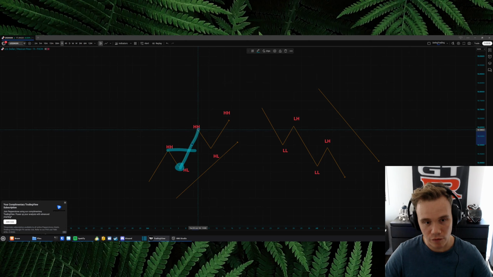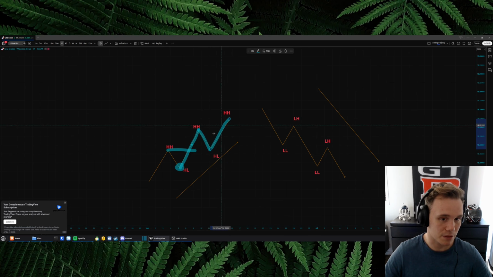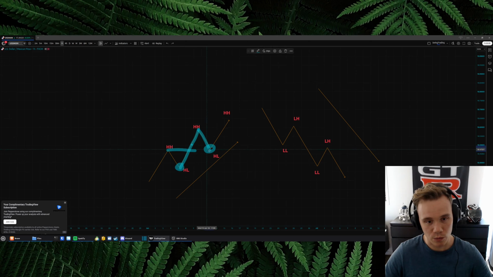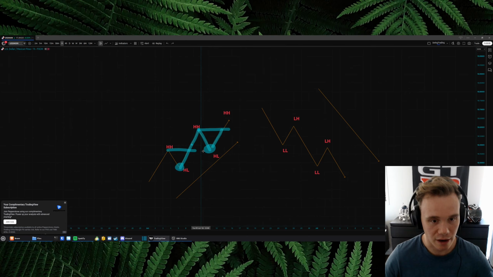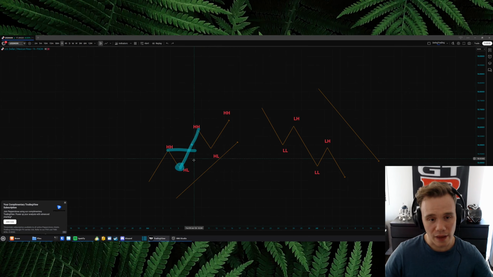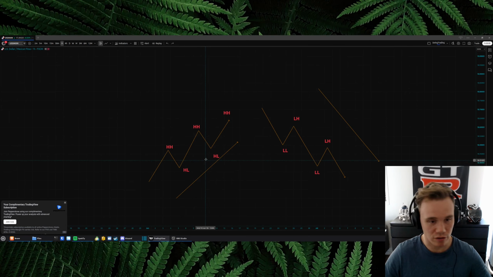And now what we're waiting for is for price to pull back into a higher low and continue that trend to the upside. We don't know that this is where the market will turn around until the market moves back up and breaches through these highs and continues to the upside, that this is a solidified higher low.